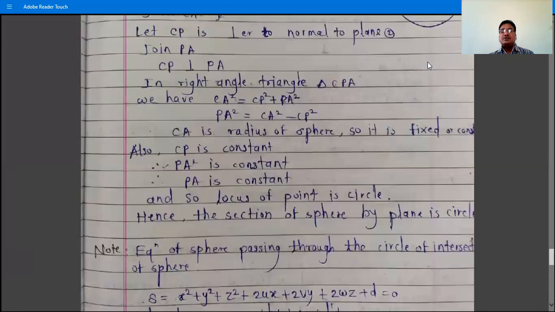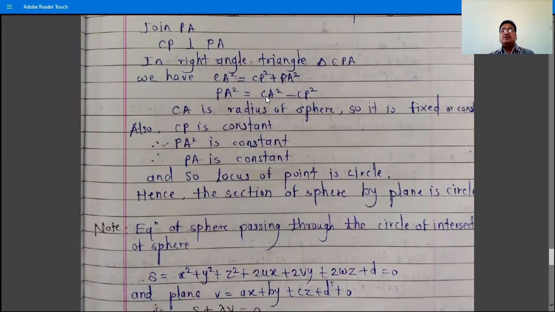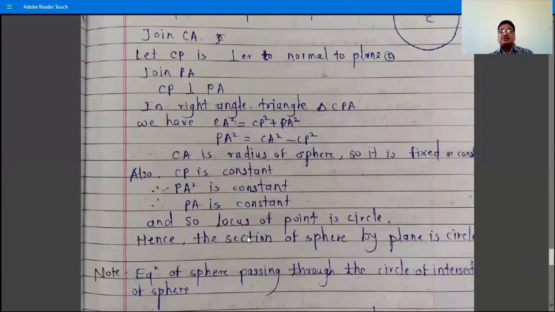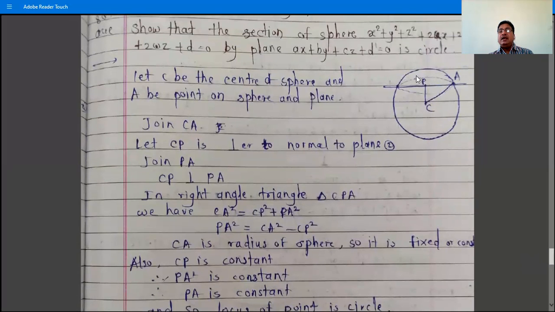So CP is also constant, and therefore PA square is constant, because both these terms are constant. Therefore PA is constant. And if PA is constant, the locus of point A is a circle with center P, because if we rotate this point A, then we have a circle of radius PA with center P.